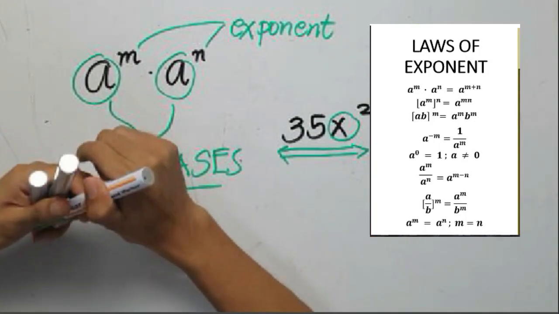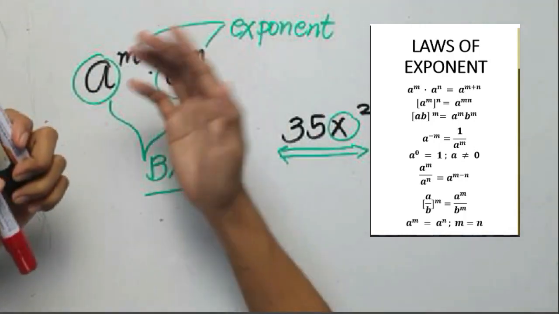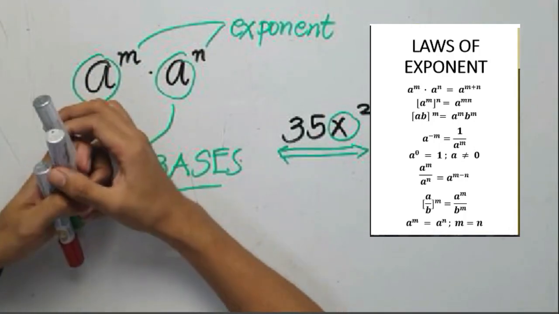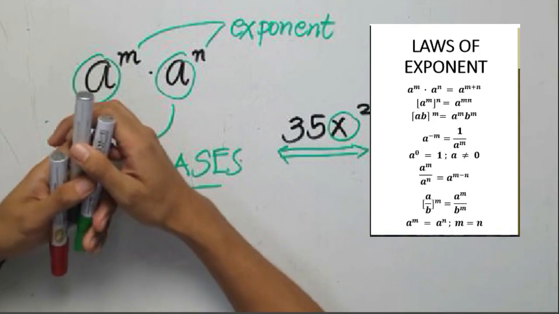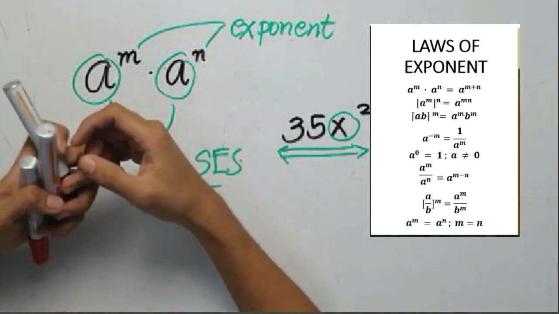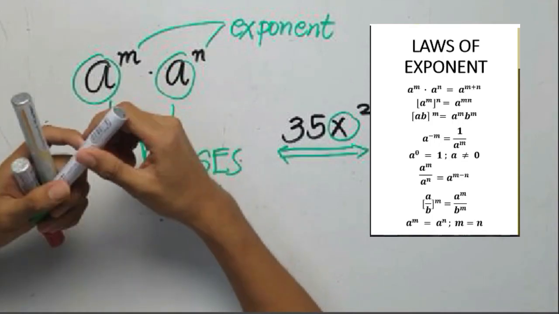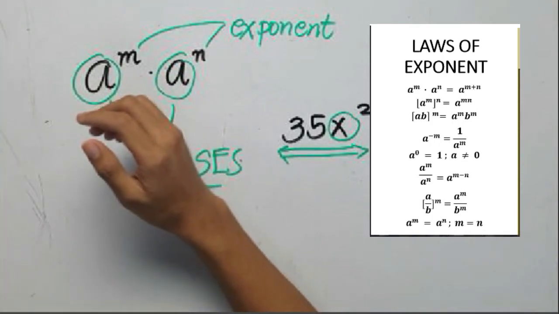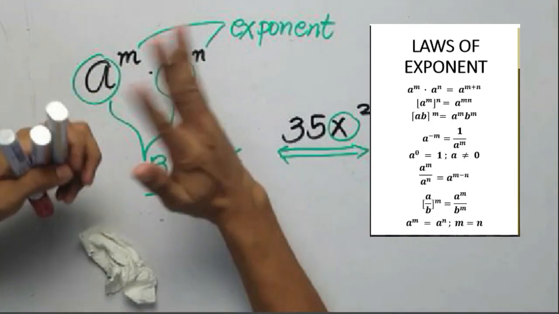So, let's move on to the first rule or first law of exponent, the multiplication law. Paano ba tayo nagmo-multiply ng dalawang term? Ang kino-consider lang doon ay same ba sila ng bases?